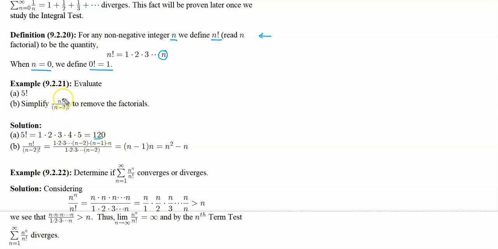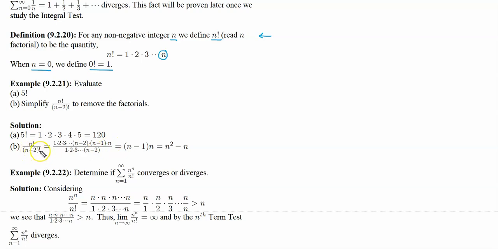Let's take a look at this one. What is n factorial divided by n minus 2 factorial? Well, considering what we have written down here, you see n factorial is going to be 1 times 2 times 3 times all the way out to, and we write out a few terms at the end, n minus 2 times n minus 1 times n.